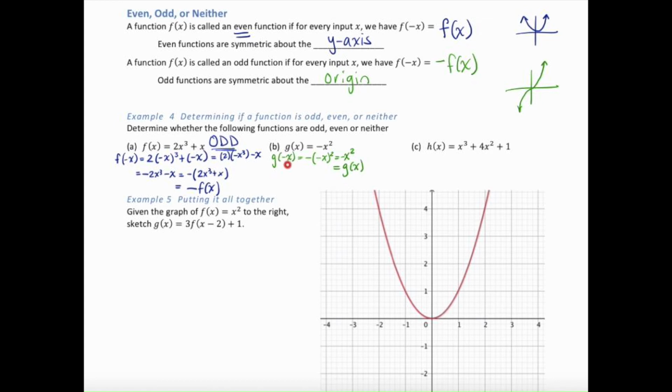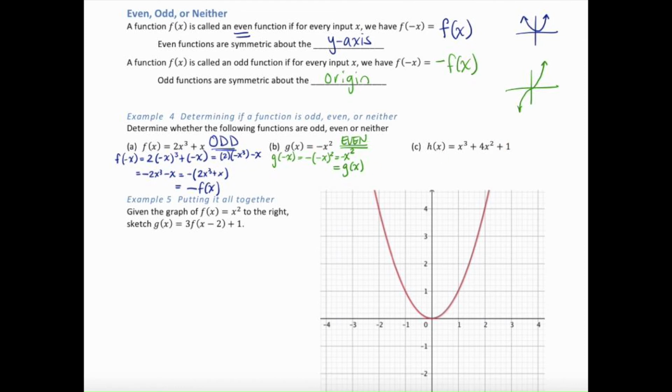So since this negative input had no effect on the output, this is an even function. Notice in both of these cases, either every sign of the function changed, so both of these positives became negatives, or none of the signs changed. This negative stayed a negative.